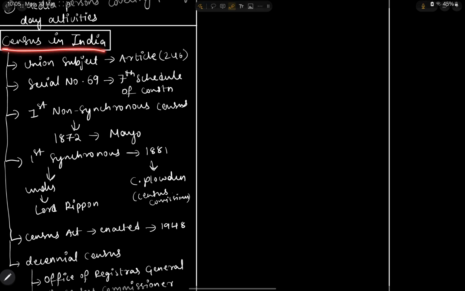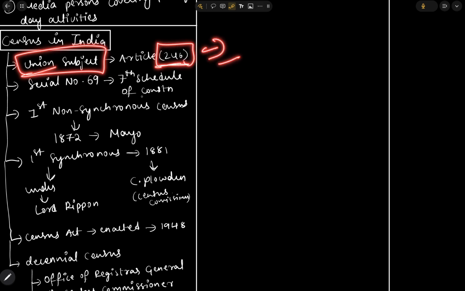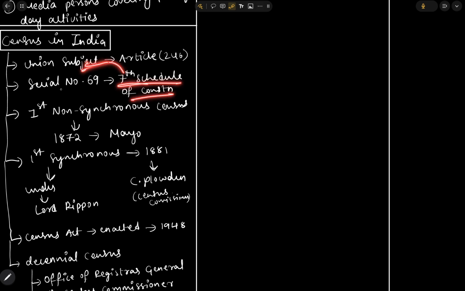Okay, next we have the census in India. Basically the census in India comes under the Union list, Article 246, and it is also included in the 7th Schedule, serial number 69.